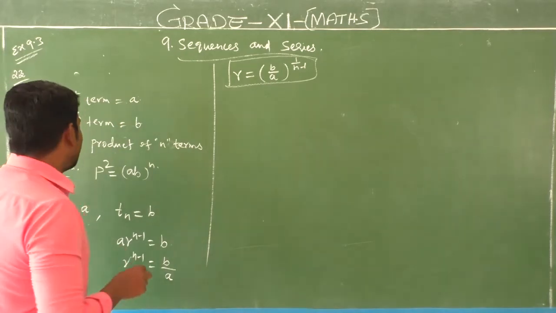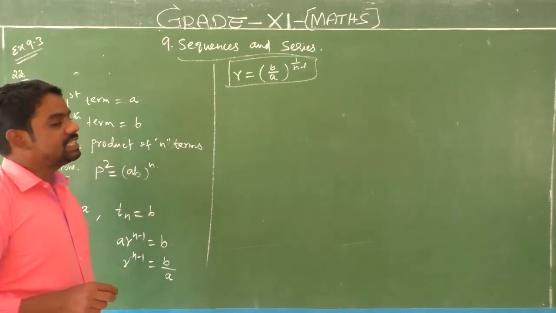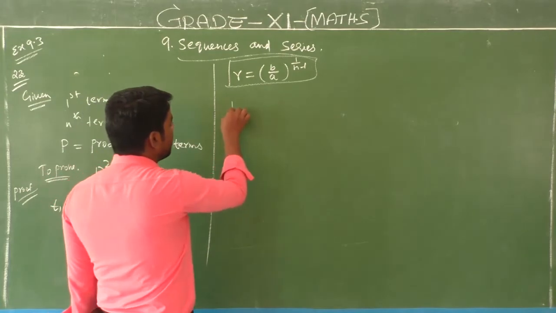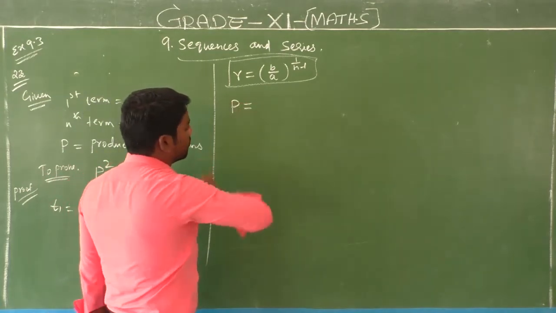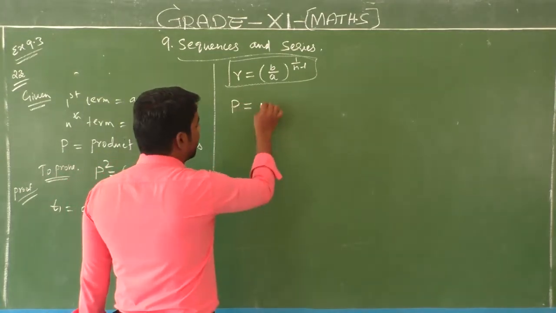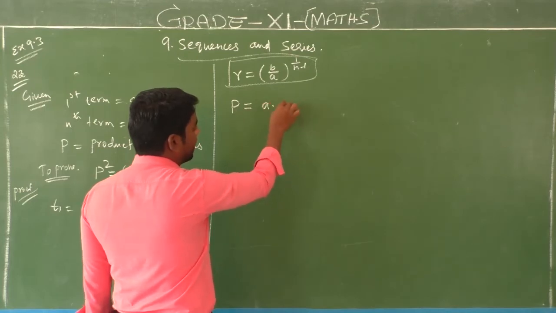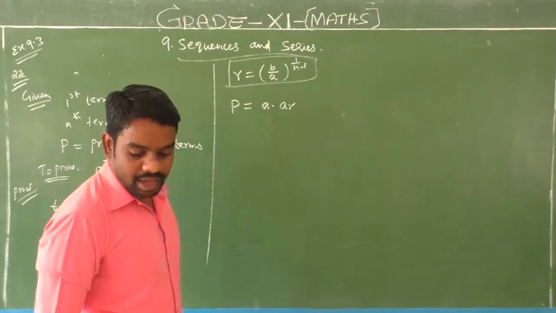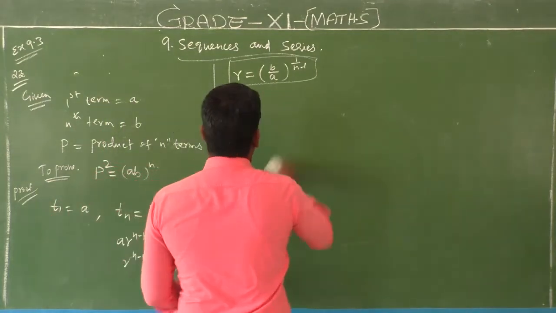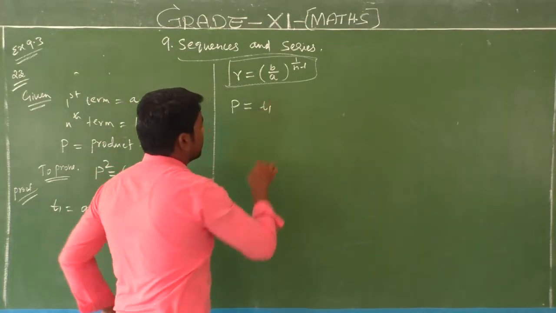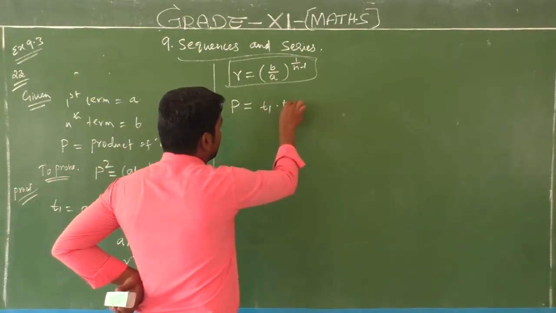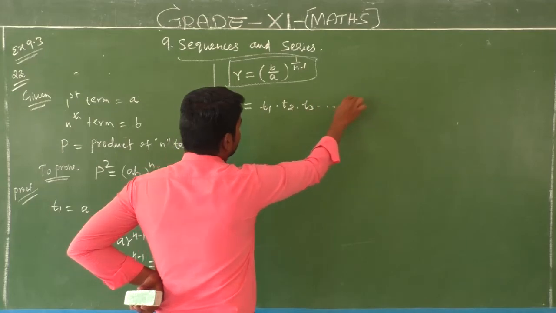Next, P is the product of n terms. The first term is A and the second term is AR, so T1 into T2 into T3 and so on up to Tn.